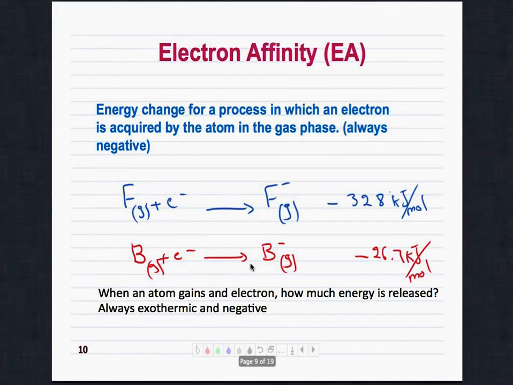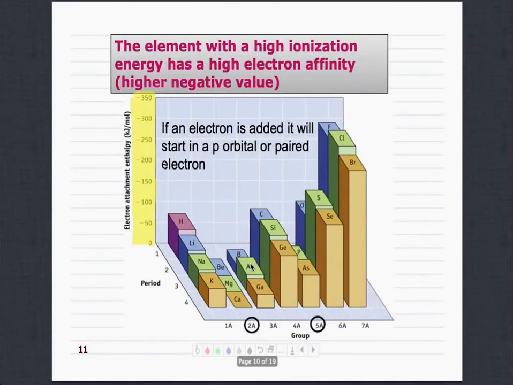So, the element with a high ionization energy has a high electron affinity. That implies that the trend is the same as the ionization energy, with another two exceptions, which are 2A and 5A.